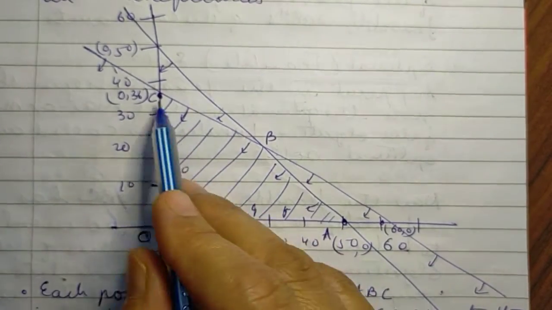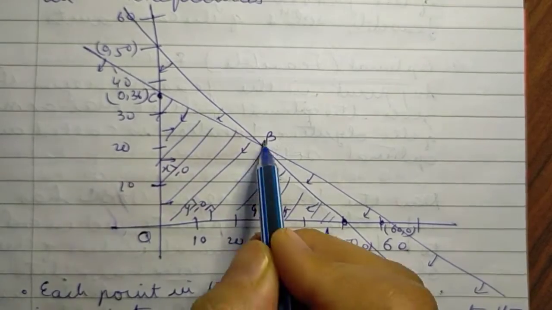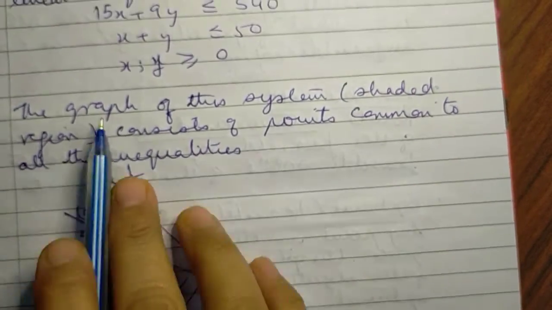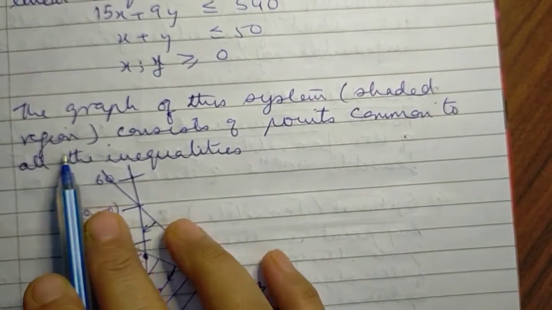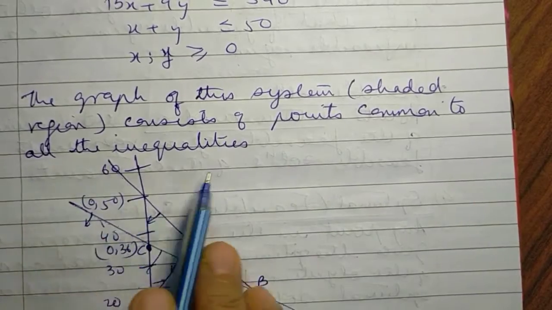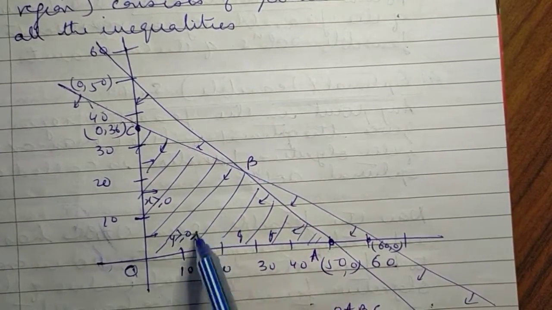And we observe that the area OABC is the solution area. The graph of this system, the shaded region, consists of the points common to all the inequalities, and that is why it is called the solution area.